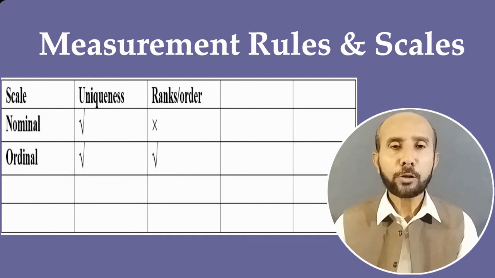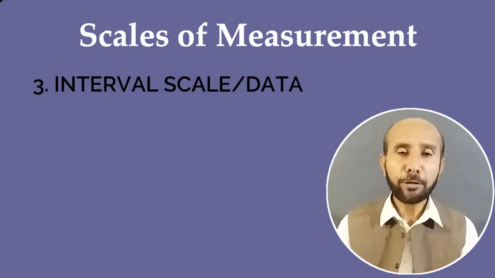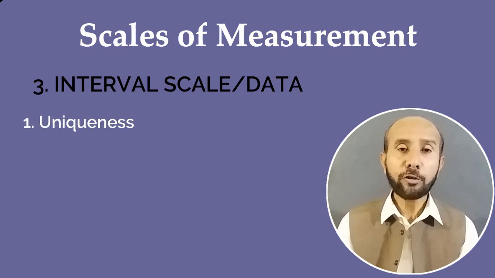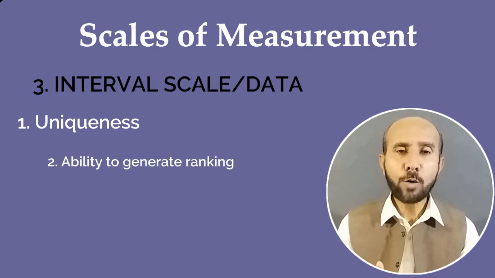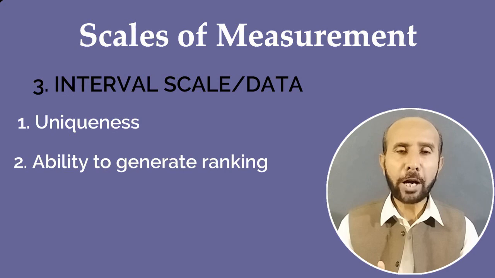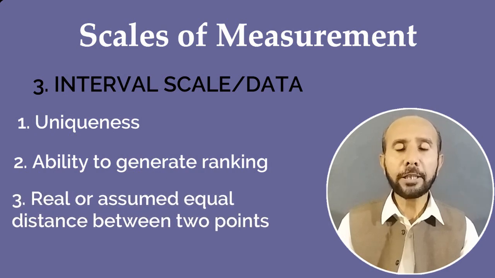Number 3 is interval scale. Interval scale is richer than the previous two scales. The data to be measured on interval scale must qualify for 3 tests. Number 1, uniqueness in character. Number 2, at least one dimension that will provide a basis for ranking. And number 3, equal distance between the ranks, or at least assumed equal distance between the ranks.